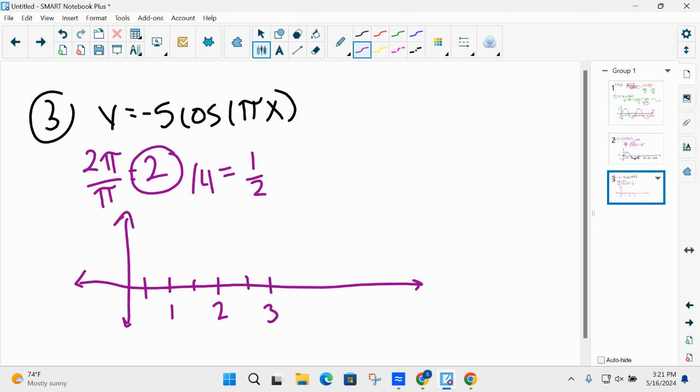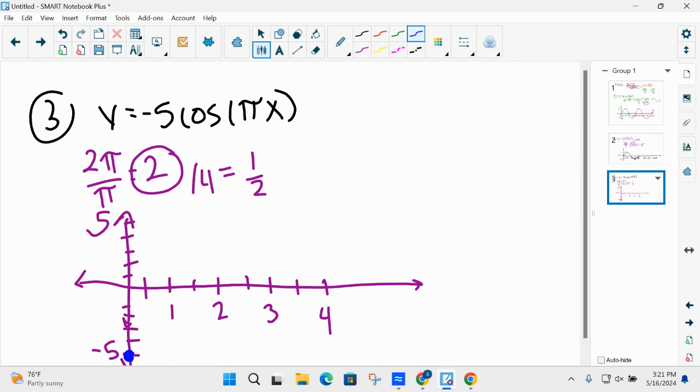So this is going to be pretty short here. And then the amplitude is -5, which means that we're going to be starting at -5. So not entirely to scale, at least on here. You can make your graph look more to scale if you want. Okay. So we're starting at the intercept because that's how cosine works.